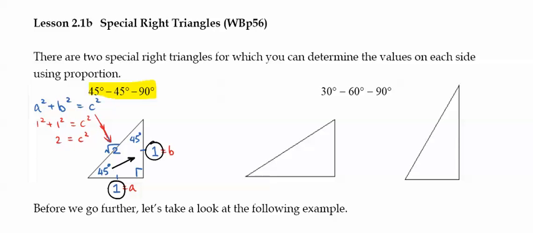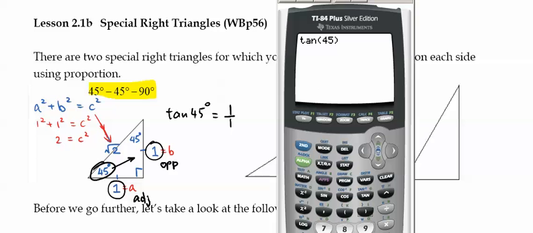Using this angle here, the line opposite to it and the line adjacent to it will both give us 1 and 1, and my calculator will eventually give us, oops, something is wrong.